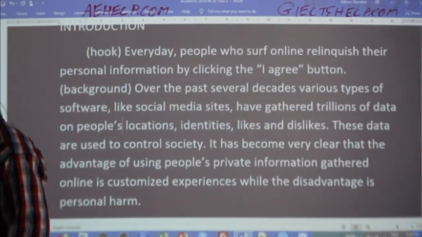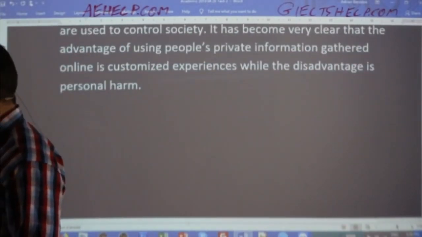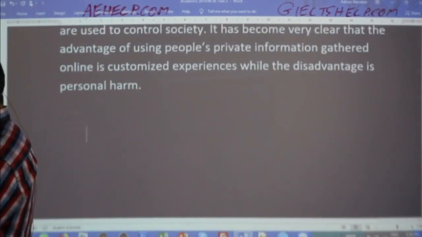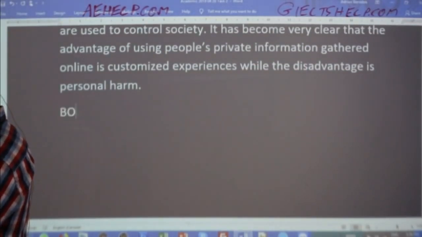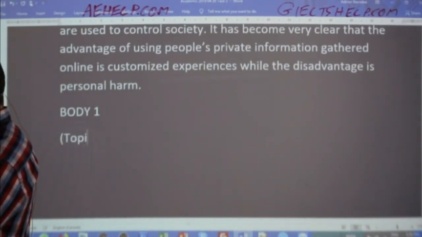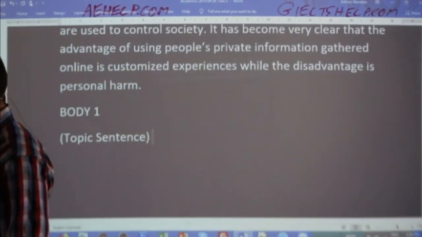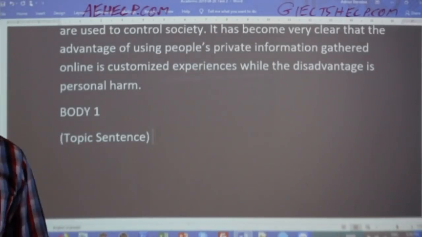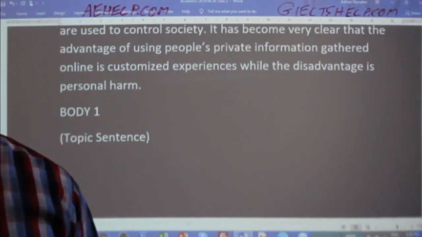All right, so now we get into our body paragraph. Body 1, okay, starts with a topic sentence. Your topic sentence deals with your first thesis point.